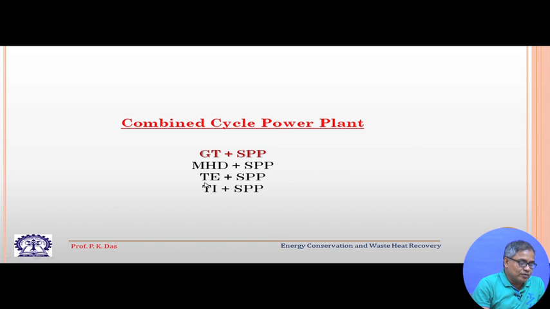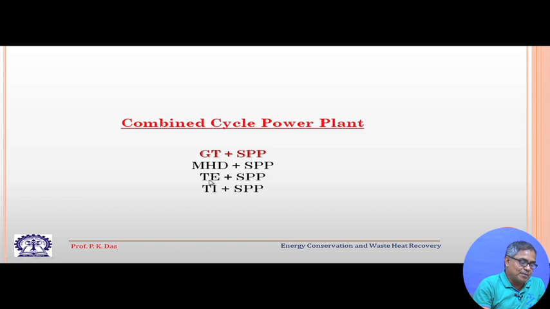There are power plants where the thermoelectric principle will be used for generating electricity, and this is a kind of direct conversion. Directly we will have electrical energy from thermal energy without going through the mechanical path, and then the bottoming cycle will be your steam power plant.